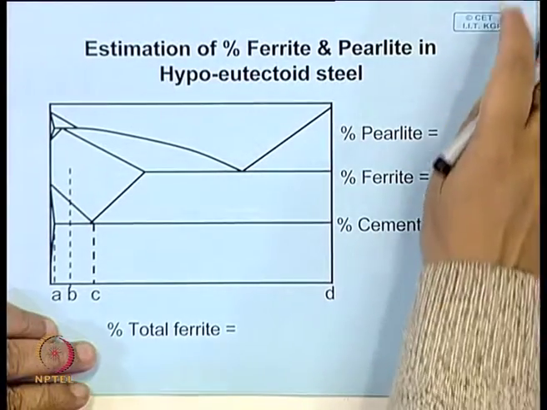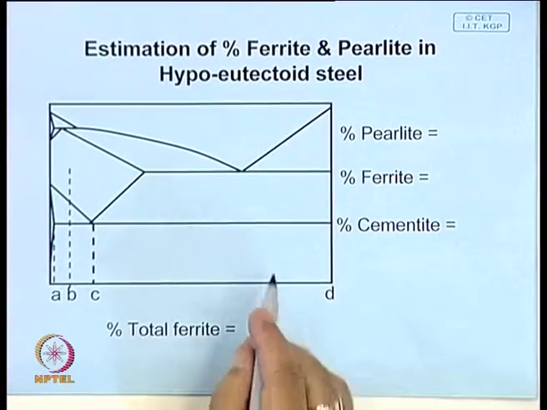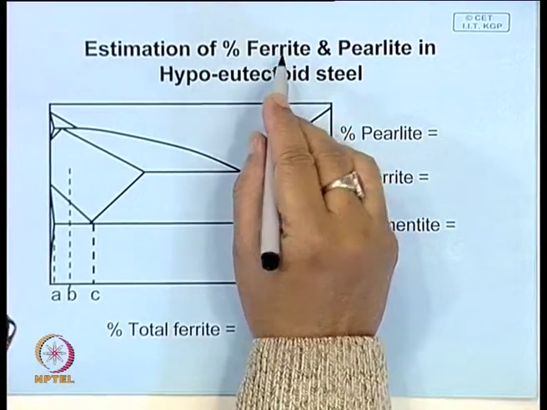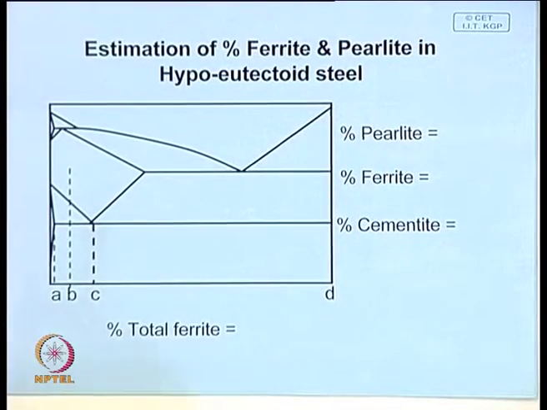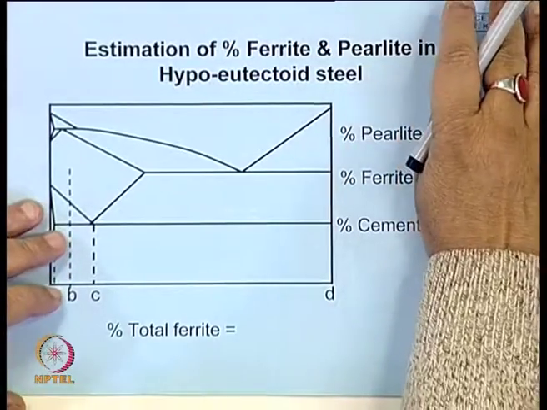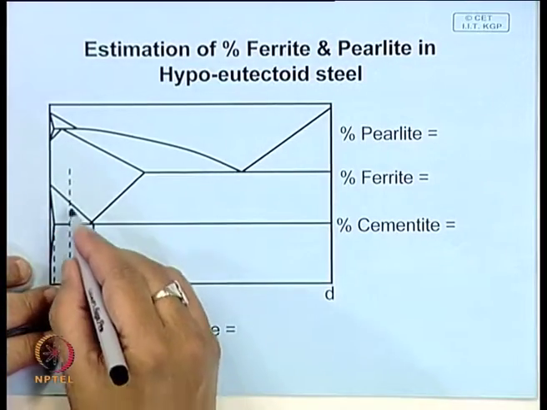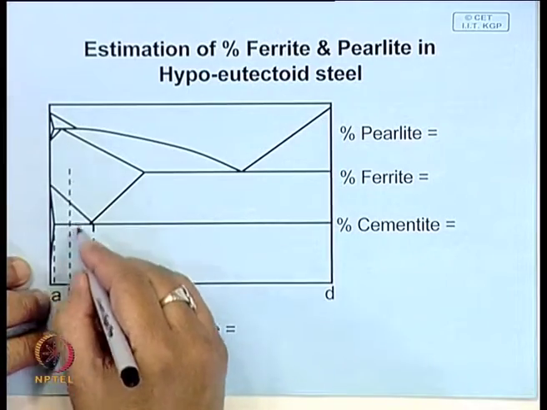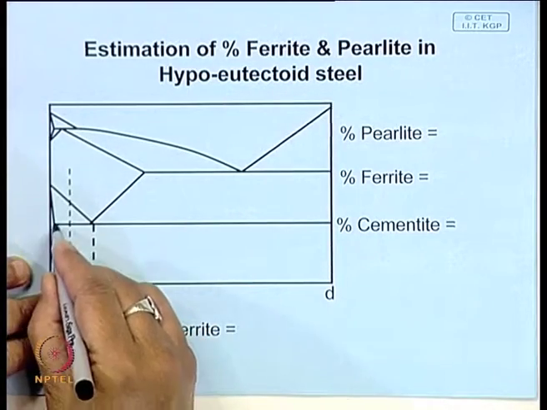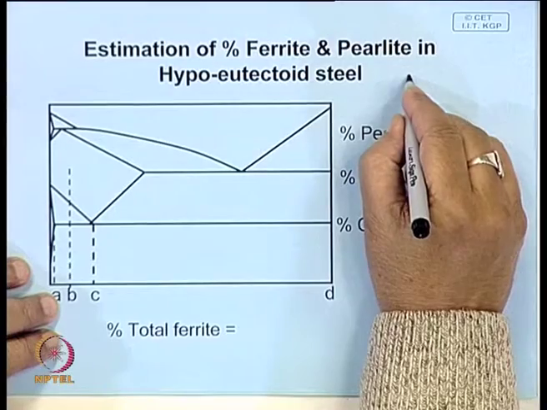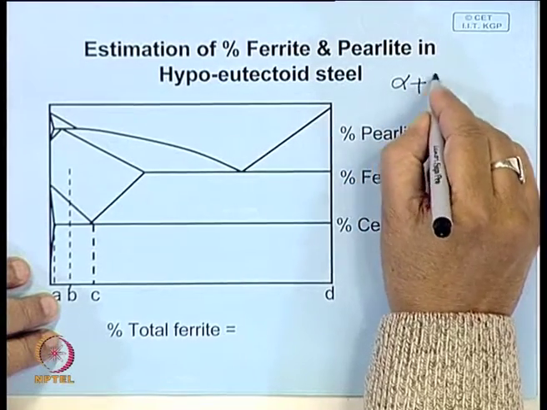Now, you can also estimate here. Just now we estimated the amount of cementite in a eutectoid structure. Now, in this structure, suppose this is the composition, and the structure will consist of ferrite plus pearlite.